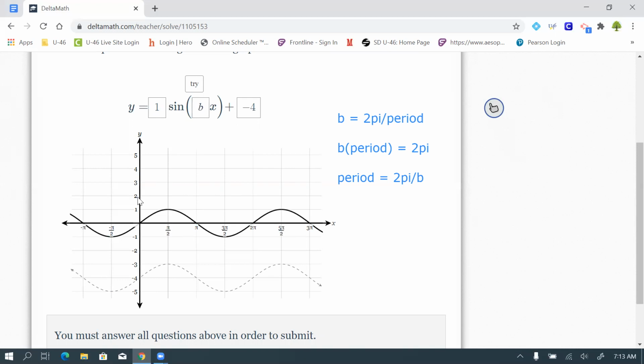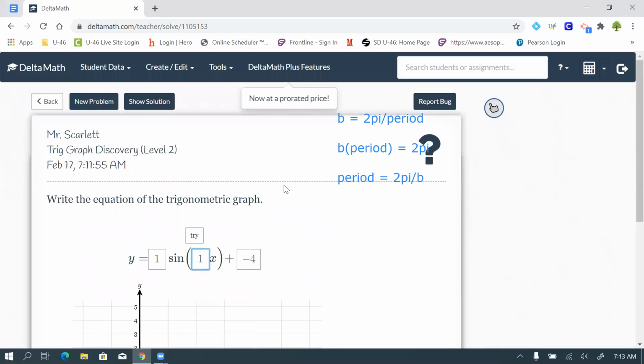How many cycles do I need to travel through before I get to 2 pi? In this case, it's just 1. A full period is going up, down, and then back again. That's 1 full cycle, and I landed exactly at 2 pi. So the b value is 1.